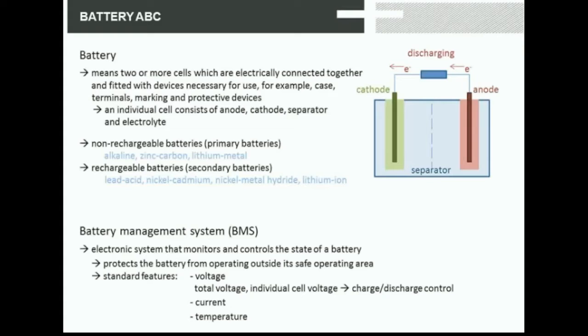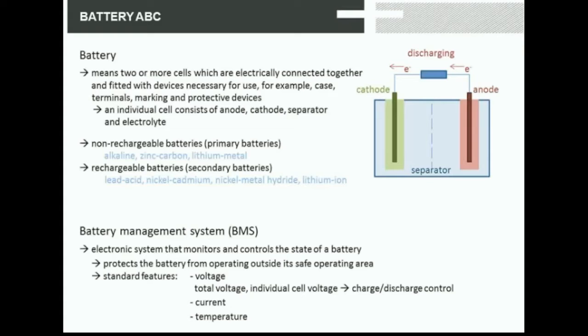In general, we talk about a cell which consists of an anode, a cathode, a separator, electrolyte, and a metal can. We have two different types of batteries: primary batteries, which are non-rechargeable, and secondary batteries, which are rechargeable batteries.